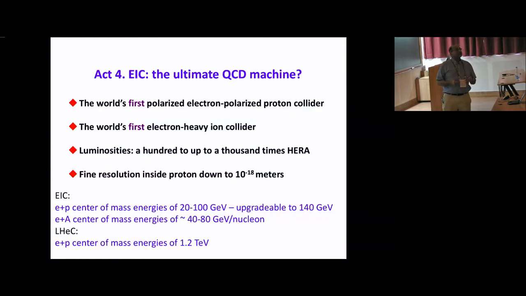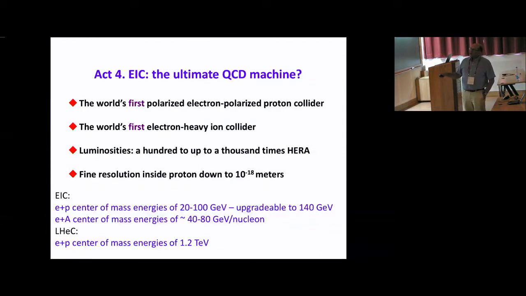And for that, you need luminosity, because it's very expensive in terms of luminosity to look at these things. And so what the EIC would have is luminosities of 100 to 1,000 times the design luminosity of HERA. So it would be between 10^33 and 10^34. And it will also have very high energy, so it can also go to very fine resolutions, so quite large Q-squared.